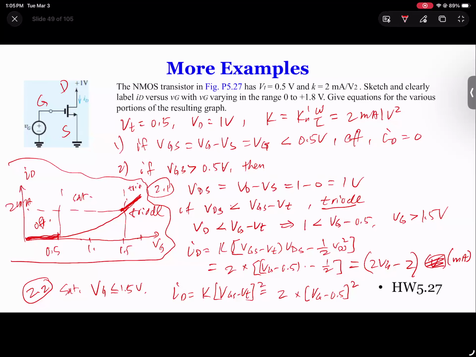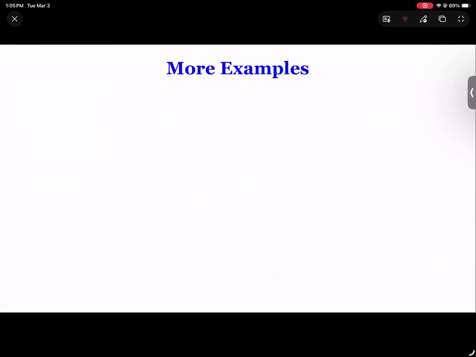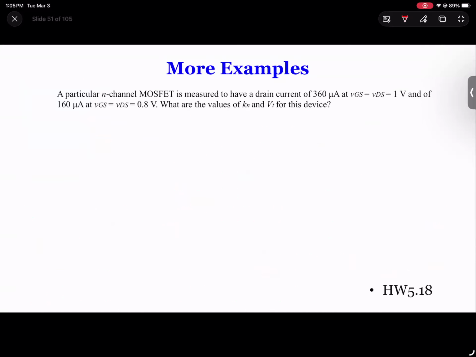Question for the graph: the graph for the triode and the saturation also joins at VG, not VGS. So in this case, when you reach VG, that's different. Okay, let's move on to look at the other examples, and I'll come back to that later to see what happened.